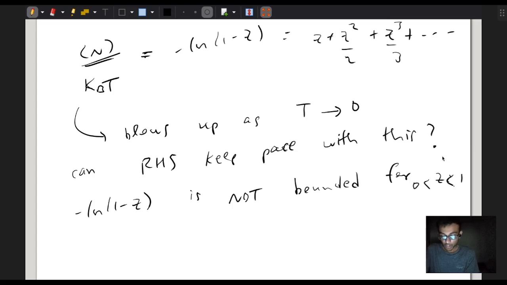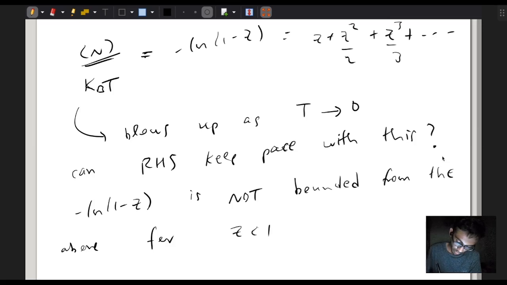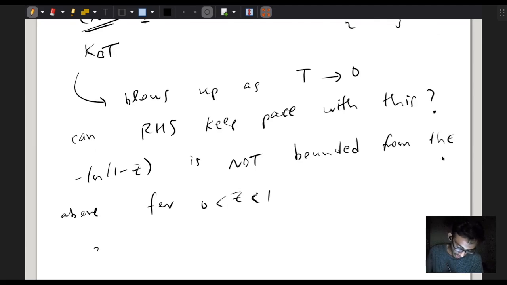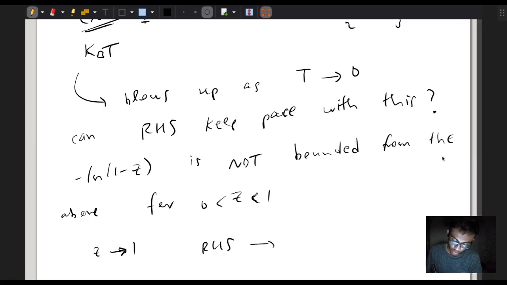It's not bounded from above. As z tends to 1, the RHS also tends to infinity.